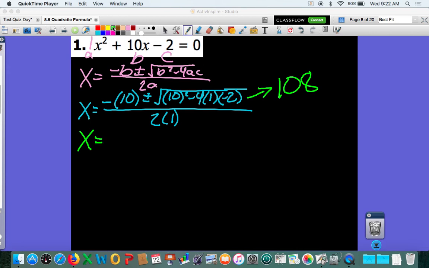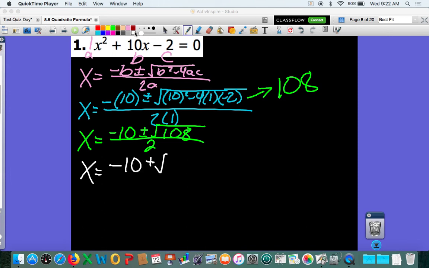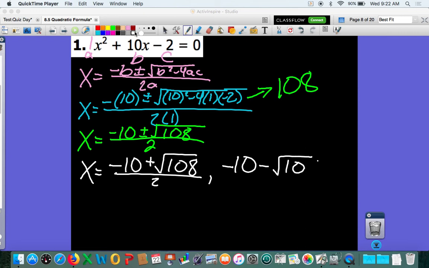X equals -10 stays -10, plus or minus the square root of 108 all over 2. Now we're going to split our problem apart. X equals -10 plus the square root of 108 all over 2, or -10 minus the square root of 108 all over 2.